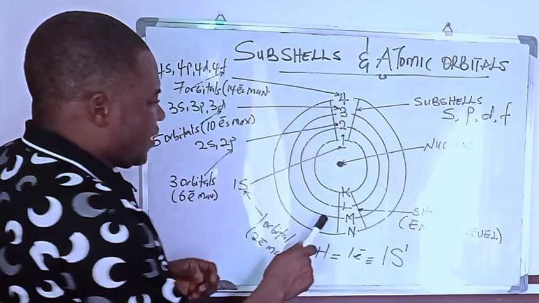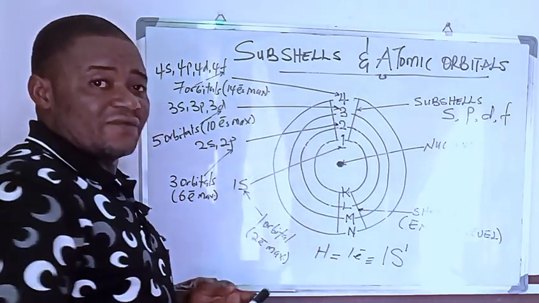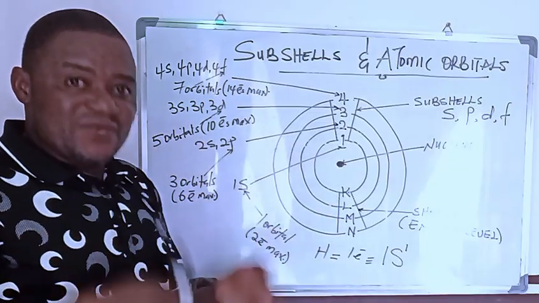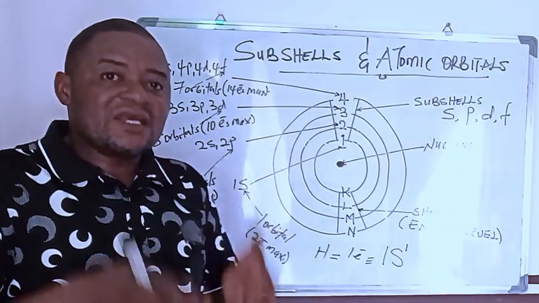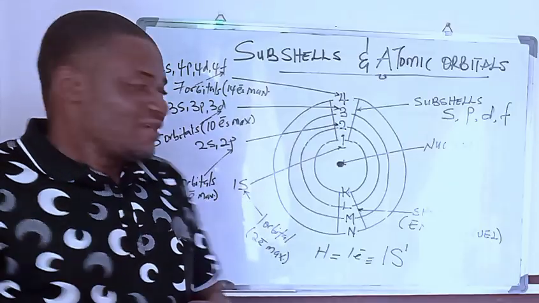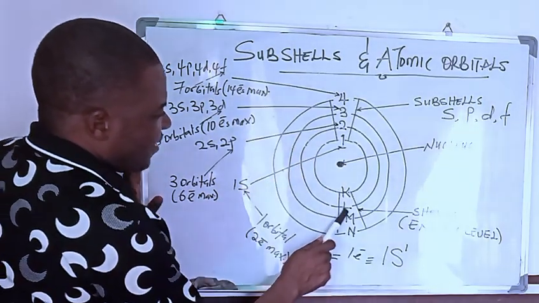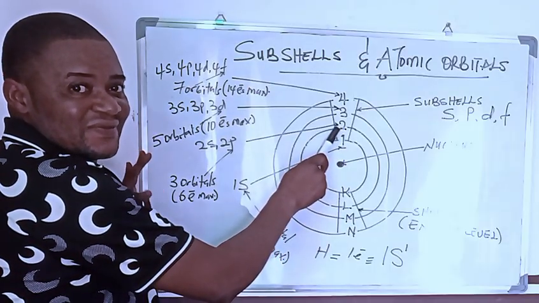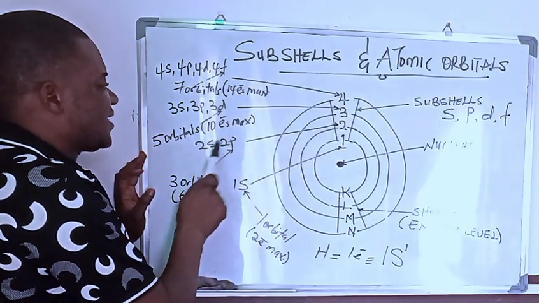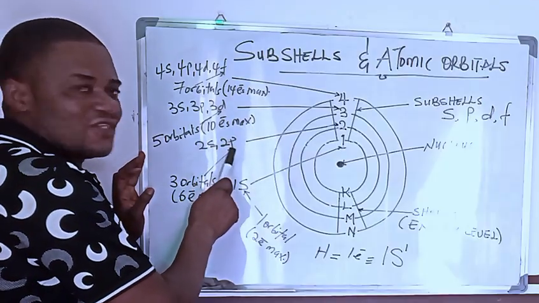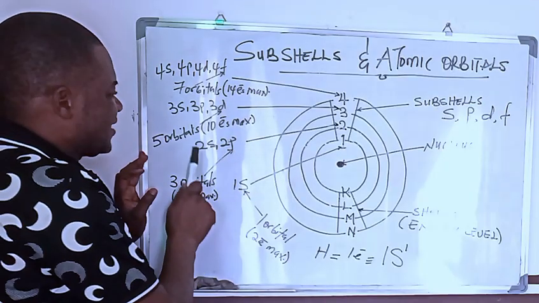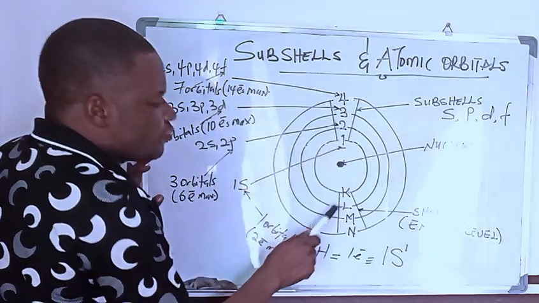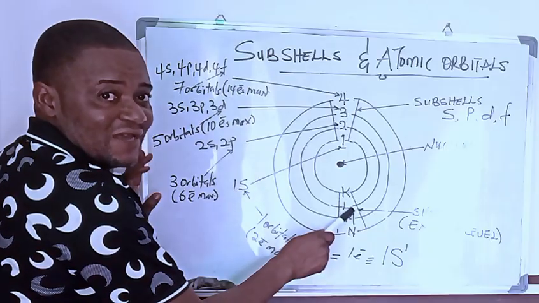Alright, so that is the description. And now you can also have the L shell or energy level, which has 2 subshells, which are what? The S and the P. And that's why you have the 2s and the 2p orbitals. So here you can see that the L energy level possesses 2 subshells, and the subshells are the S and P. And you can see 2s and 2p to show you that it is the second energy level or shell.